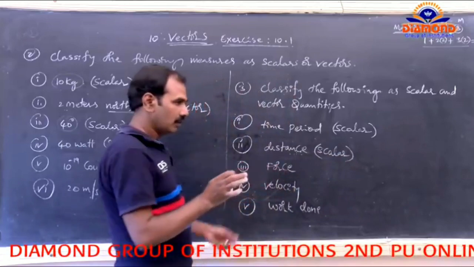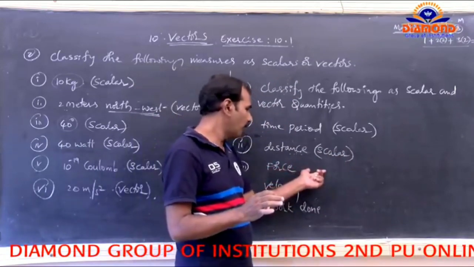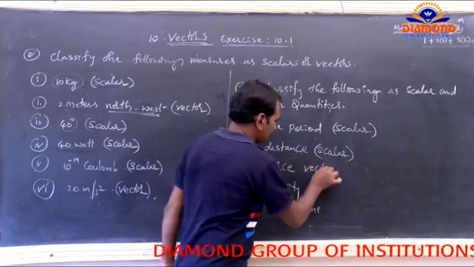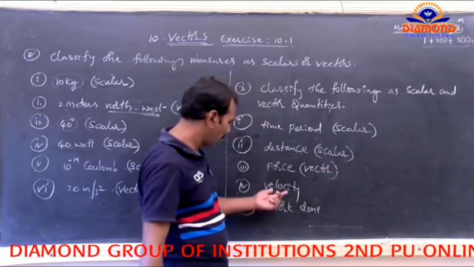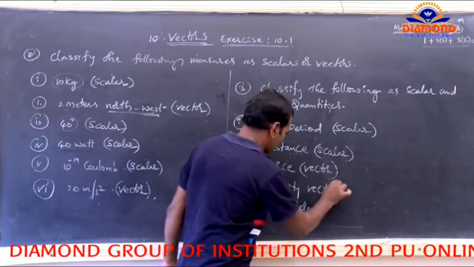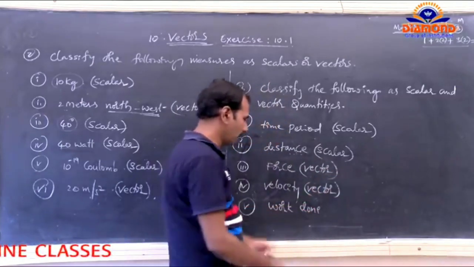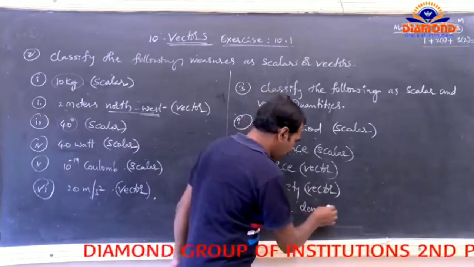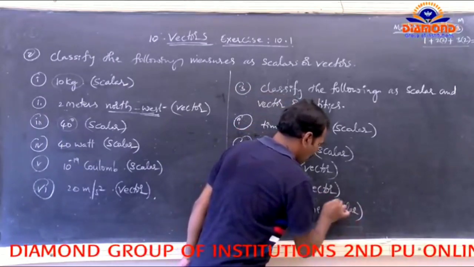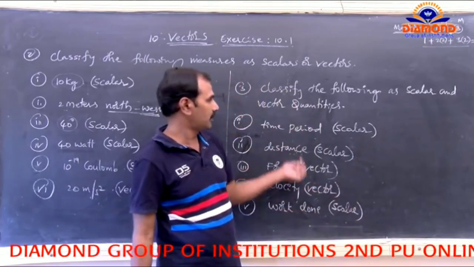Force means displacement with magnitude. So it is a vector. Velocity. Velocity also vector. Work done. No direction. So it is only scalar. Right. So it is third question.